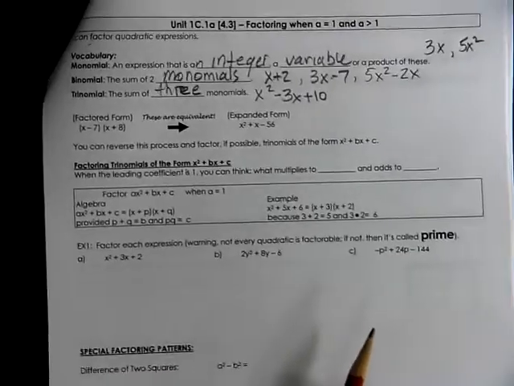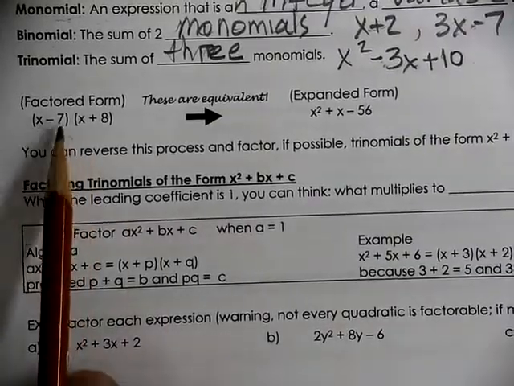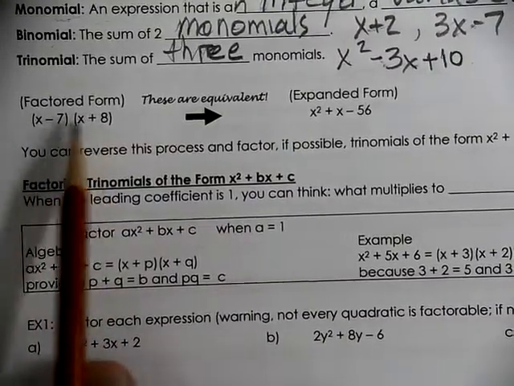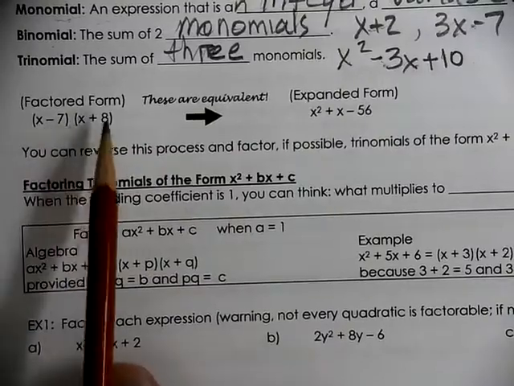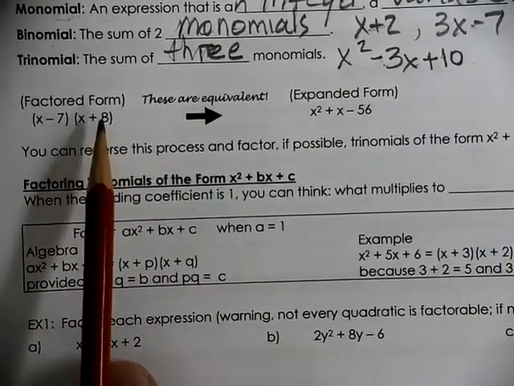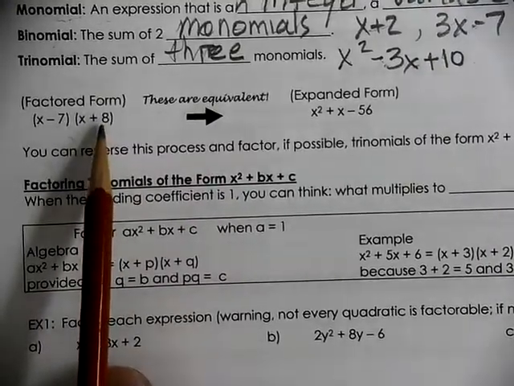In the past, we have worked with intercept form. So when we're factored and we have two binomials that are multiplying each other, this is called factored form. It kind of looks like intercept form of the polynomials we were graphing.